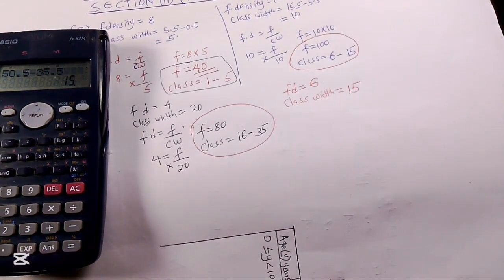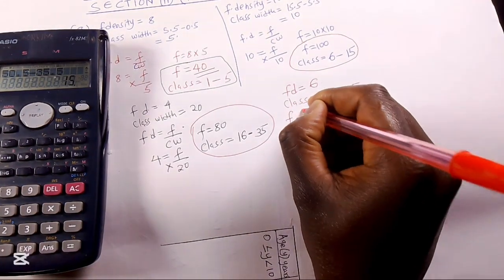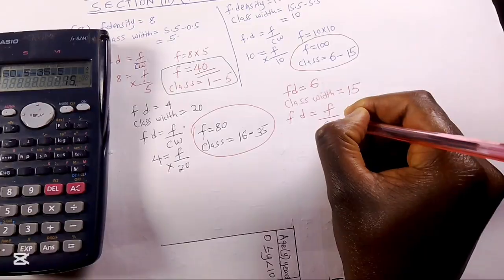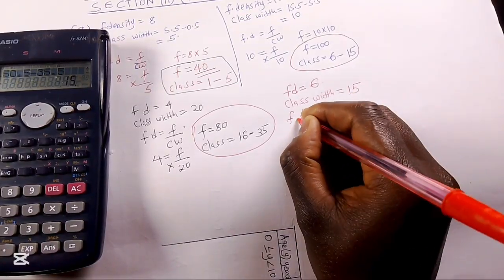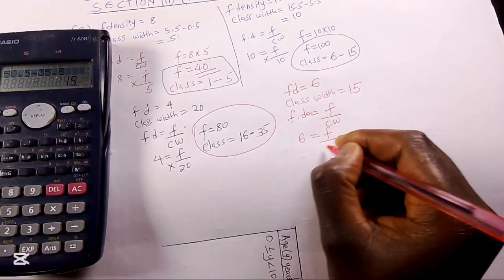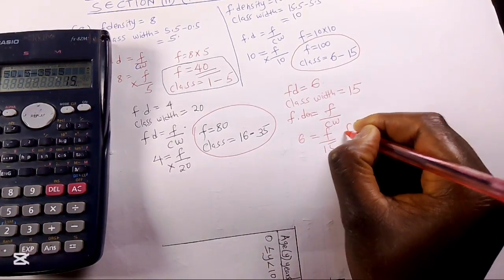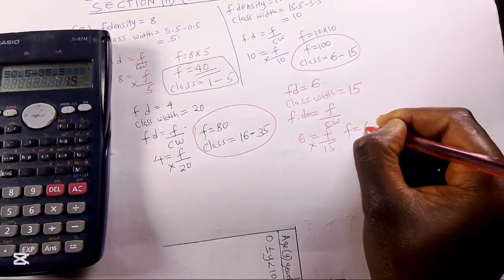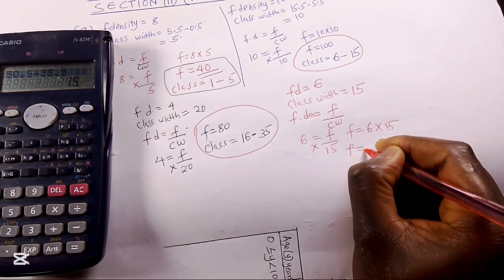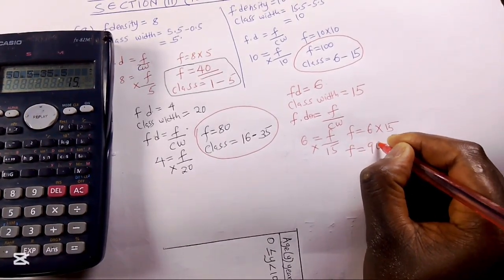We will now find the frequency: frequency density is equivalent to frequency over class width, so 6 is equal to frequency over 15. So frequency is equal to 6 times 15, which gives us 90.